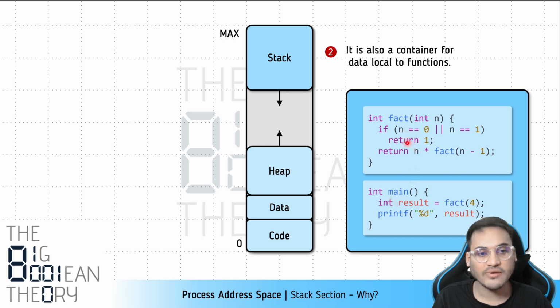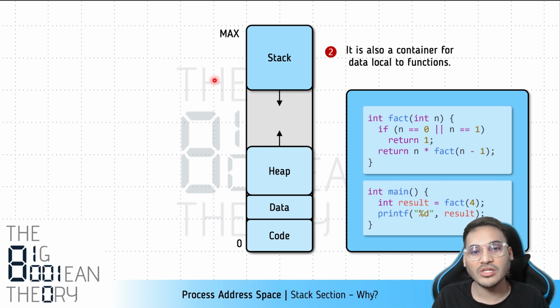For example, in this factorial function, there are no local variables, but this result variable in the main function is defined within the body of the main function, and it is a local variable, right? So basically every function has certain arguments as well as local variables. All of these are stored in the stack region, right?